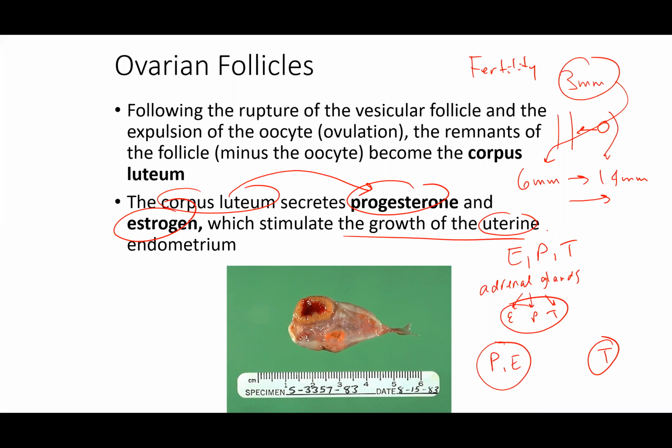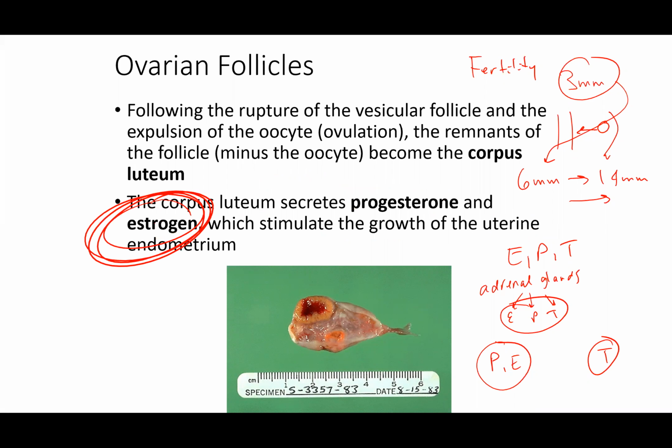But keep in mind, most people have too much estrogen and not enough progesterone. So as time goes by, there are changes in the thickness of the wall. One goal is to get estrogen and progesterone balanced.